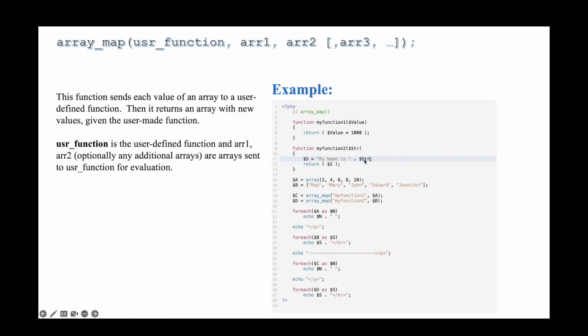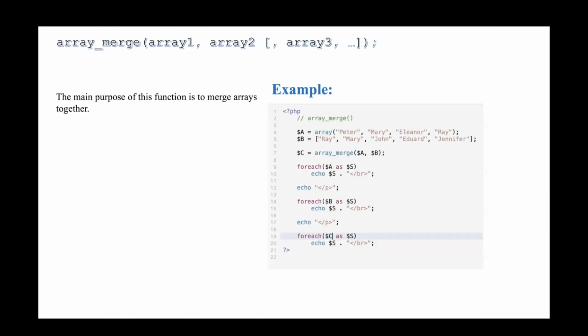It's a string, it adds something else and it returns. I'm returning a modified value, but all of the stuff in the array will be sent element by element, element by element. Here I'm just printing them, but instead of my name is Ray, it will say my name is Mary, my name is John, my name is, it will actually say that. So it sends each value in the array to a user-defined function and modifies it.